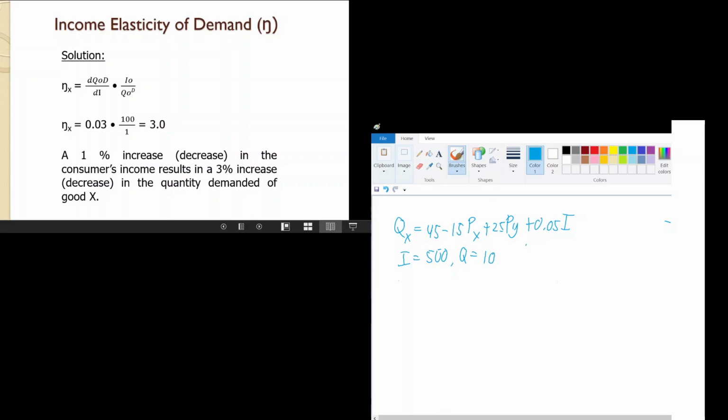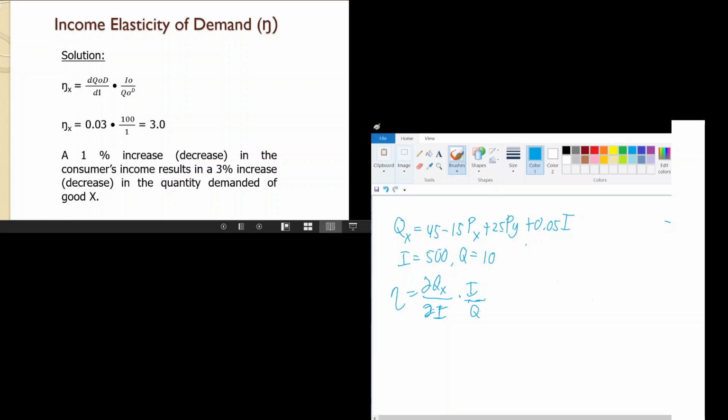So again, the formula ng income elasticity is equal to partial derivative of Q in terms of I multiplied by I over Q. Okay.